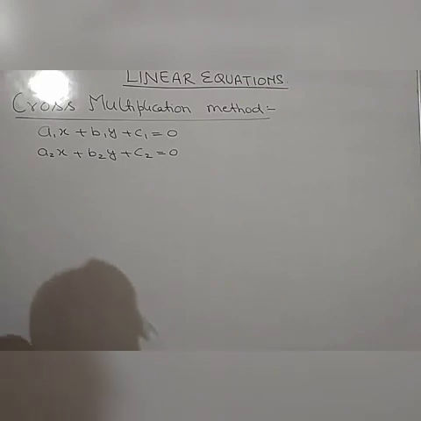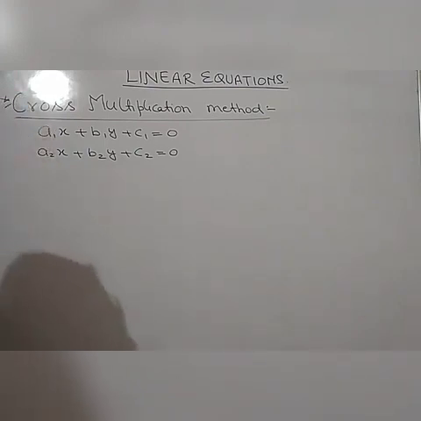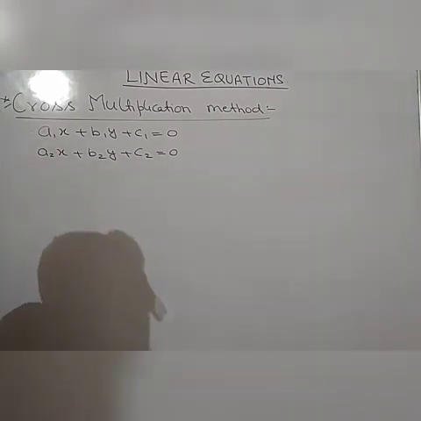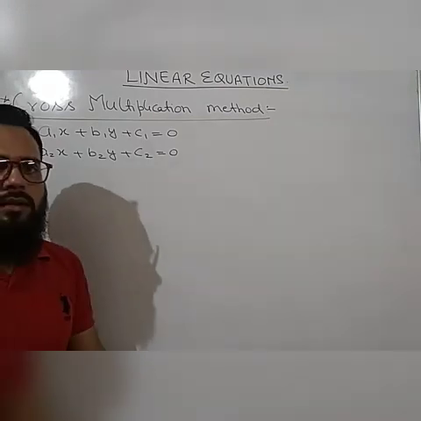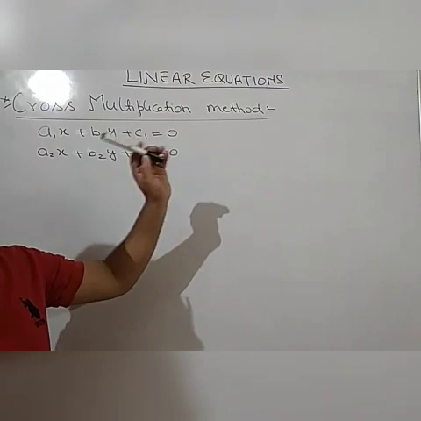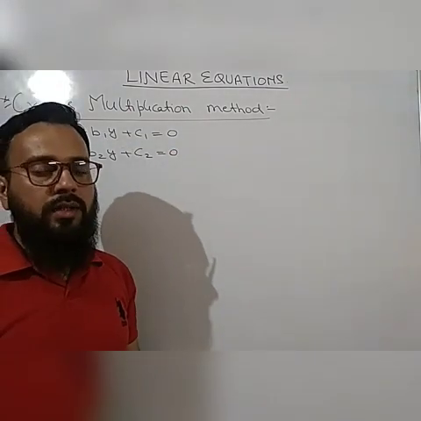Now, coming to the most important method of solution of simultaneous equation, the method is cross multiplication method. It is the most important method which is generally asked separately. All the other methods are not asked by name, but this method is generally asked by name, that you have to solve this problem by cross multiplication method.